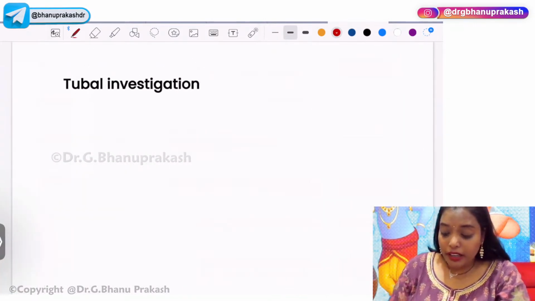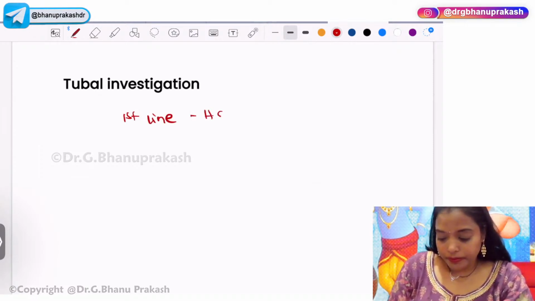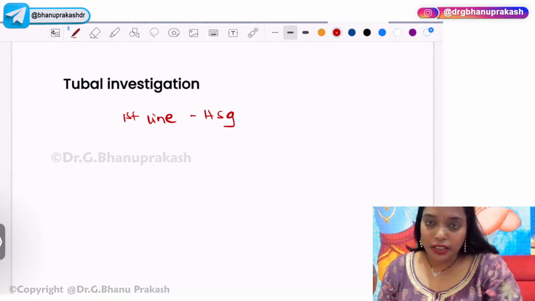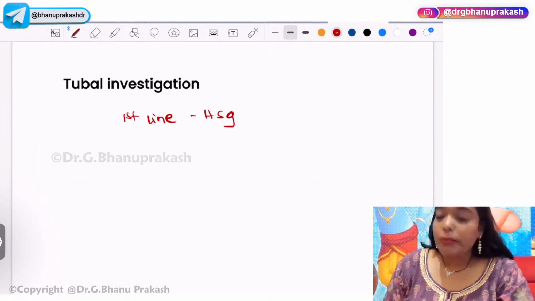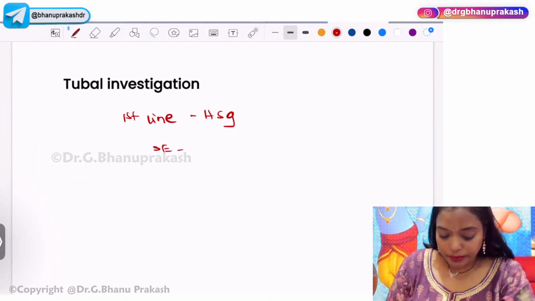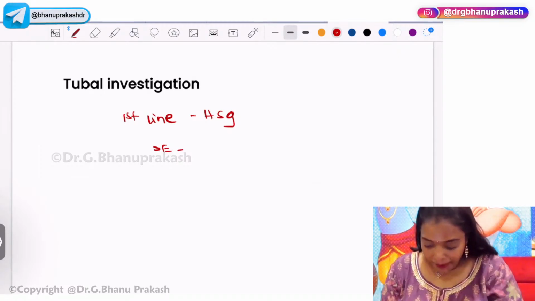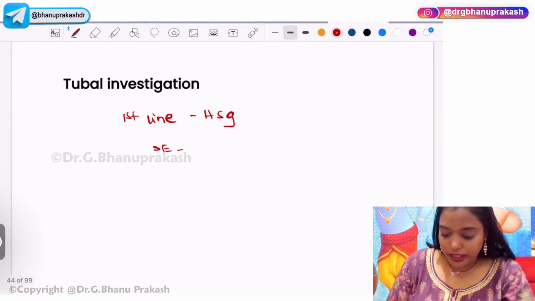For tubal factors, the first line investigation is HSG. Because it is non-invasive, it is the first line. The only problem or side effect of HSG is sudden bilateral cornual spasm.